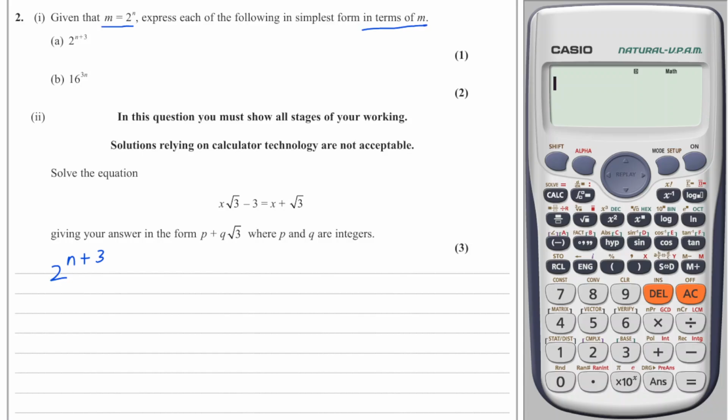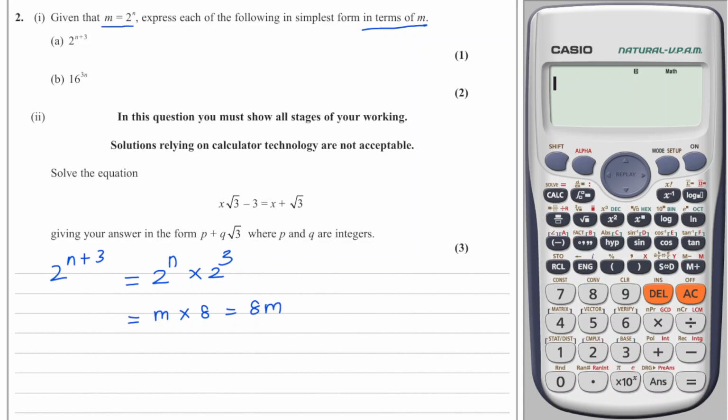When simplifying this, we know that if two powers are added, then we can write it as two same base numbers multiplied. Then we know that 2 power n is denoted as m. So this is m times 2 power 3, which is 8. So the simplified version is 8m.